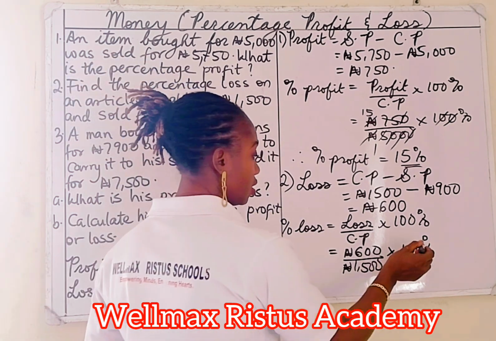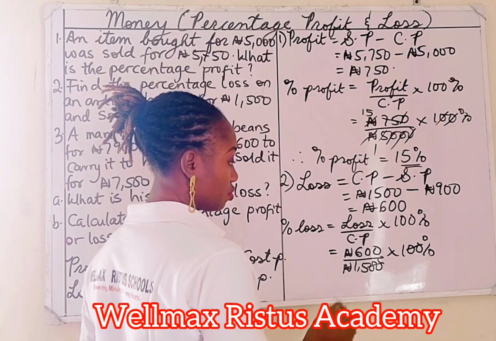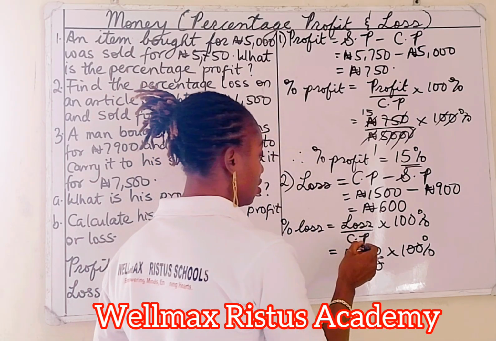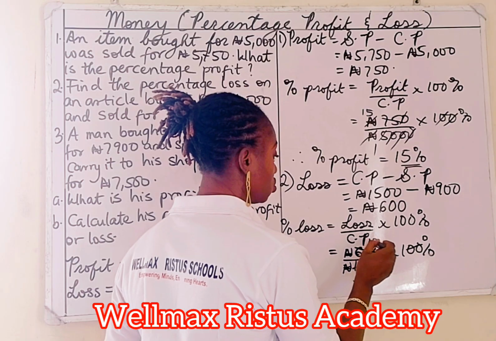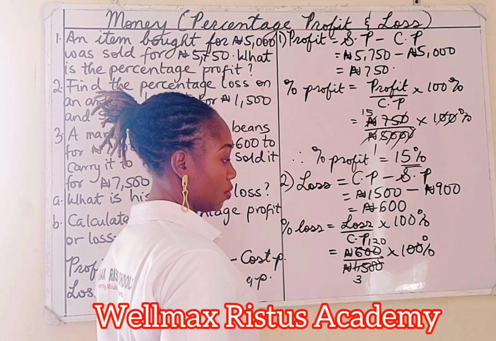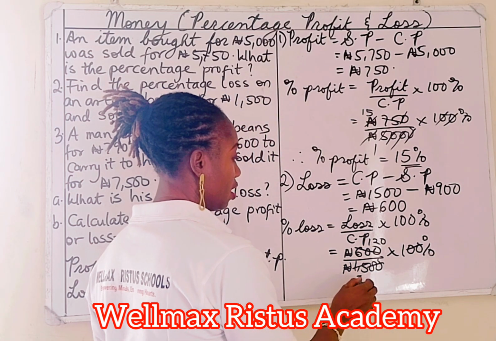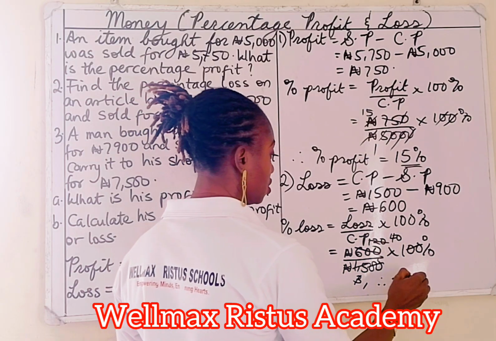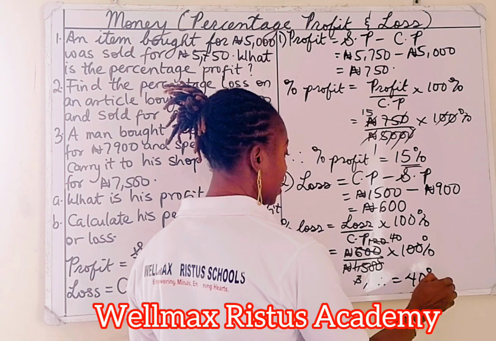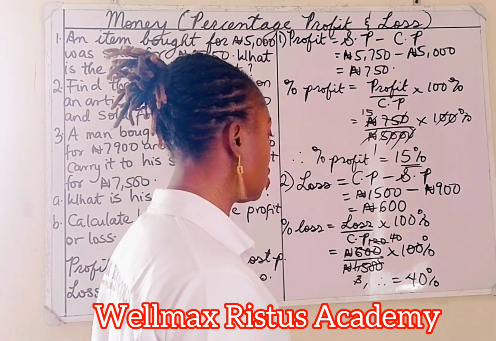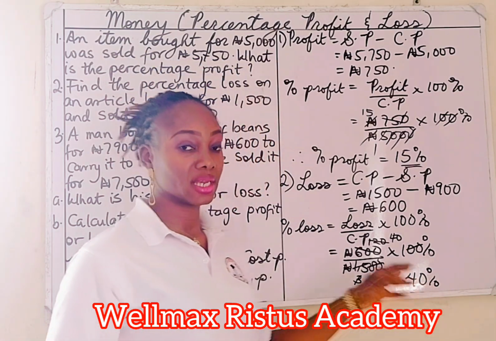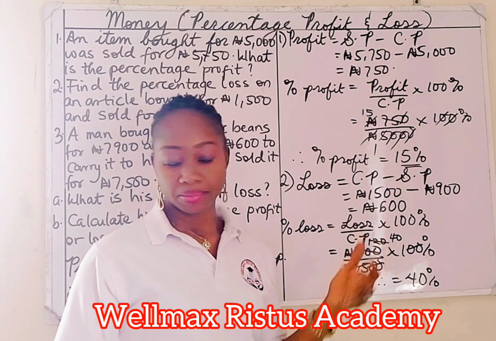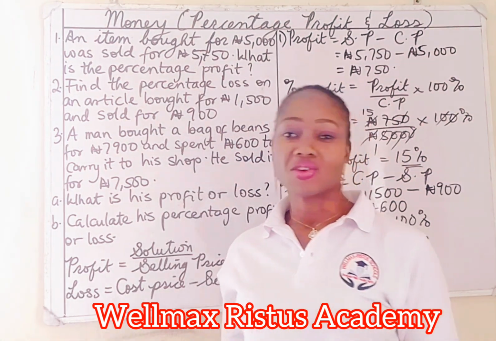Let's move on. These two zeros cross out these two zeros. 5 here, 3. 5 here, 120. Right? 3 here, 1. 3 here, 40. So this means our answer is what? 40% loss. So the person had a 40% loss on the article bought. Okay, so now let's move on to question 3.